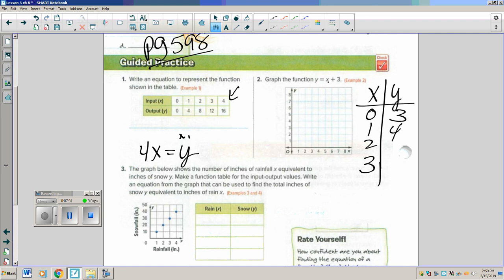If x is 2, I get 5. If x is 3, I get 6. Graph it. 0, 3 is there. 1, 4, over 1, up 4, over 2, up 5, over 3, up 6. There is the graph for y equals x plus 3.